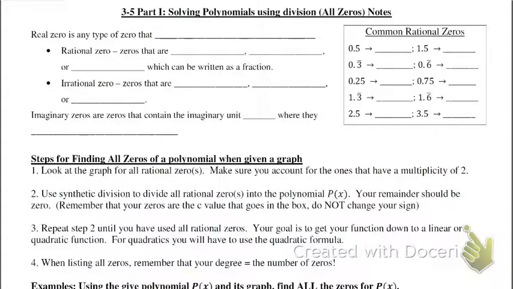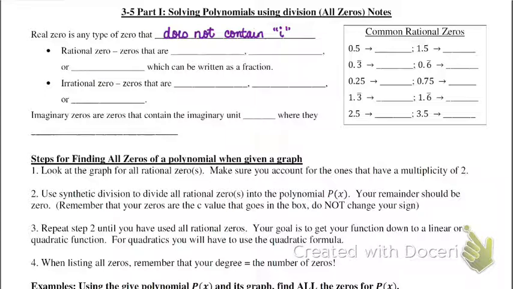So let's review. A real zero is any type of zero that does not contain i. Remember, i is our imaginary unit. So real zeros can be broken down into two types of zeros, rational and irrational.